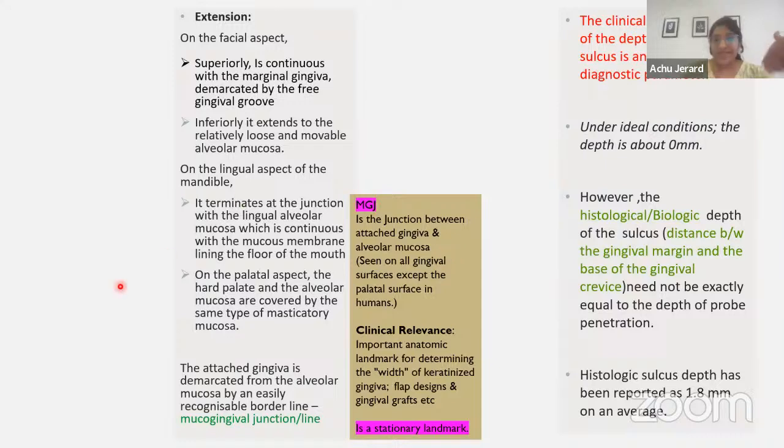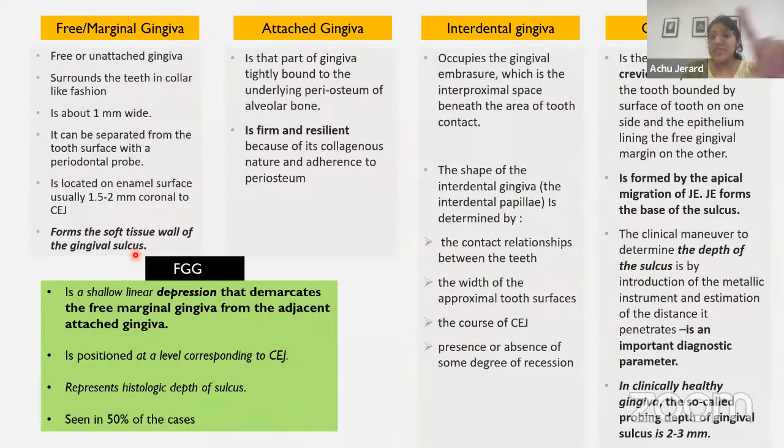So that is about its extension. And then we have seen about the mucogingival junction also. And now the third part, interdental gingiva, which is the interdental papilla. I've already told you, it is that portion of gingiva which fills up the embrasure spaces. The shape of the interdental gingiva is usually pyramidal or triangular, but it depends greatly on 3 or 4 factors.